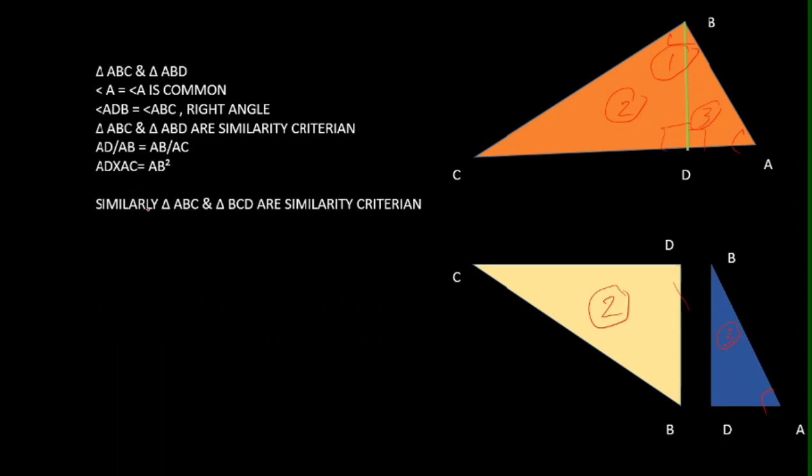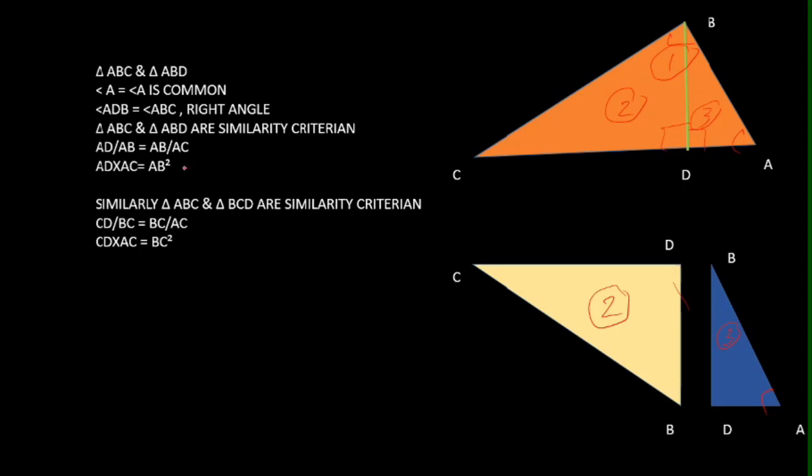In a similar way we can prove triangle ABC and triangle BCD satisfy the similarity criterion. So again we can say CD by BC equals BC by AC. So in this way CD multiplied by AC equals BC square.